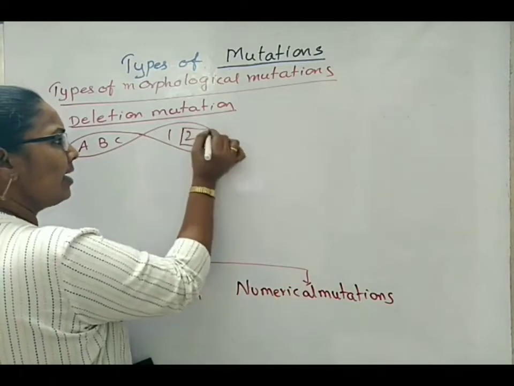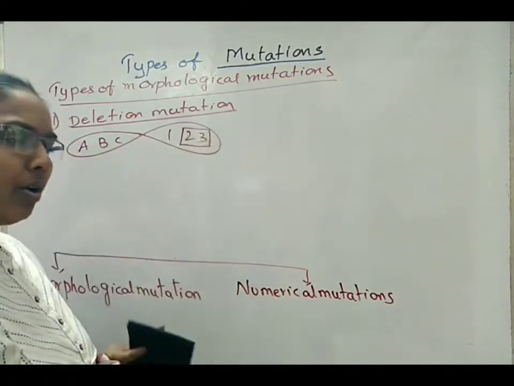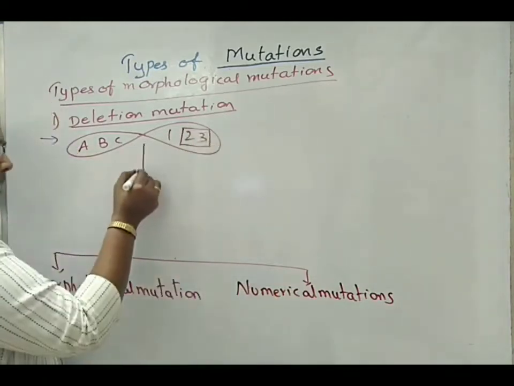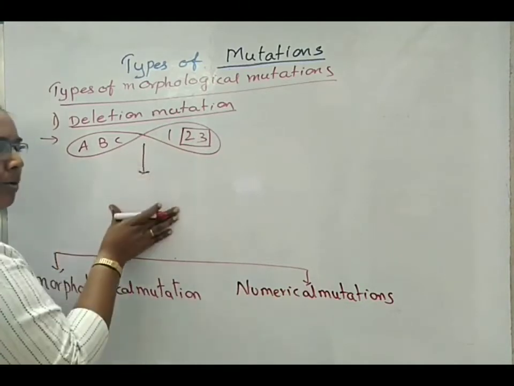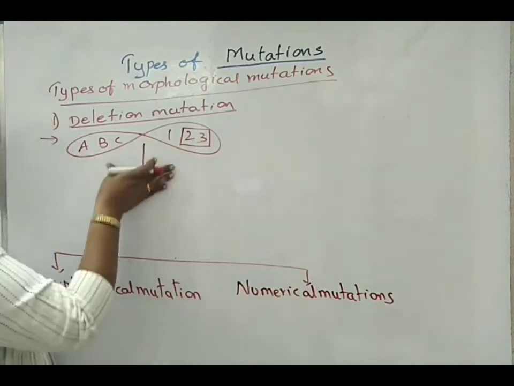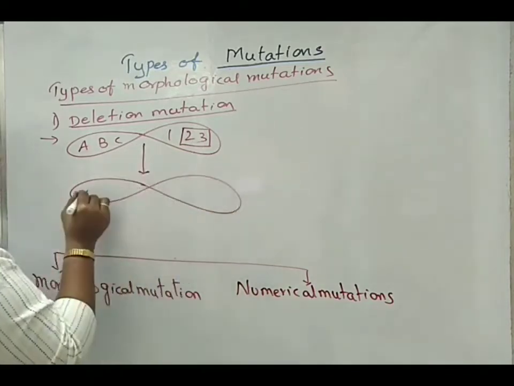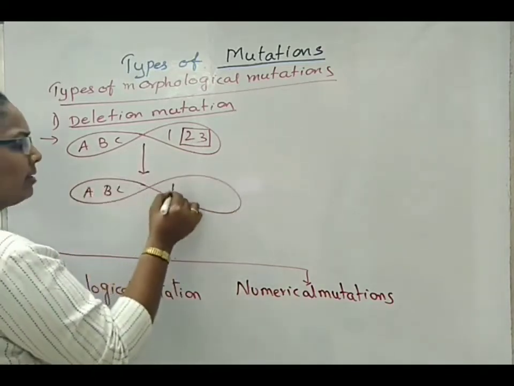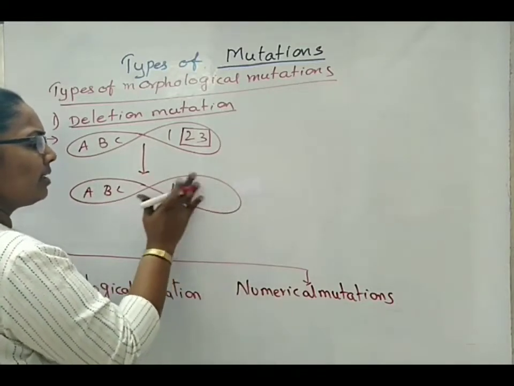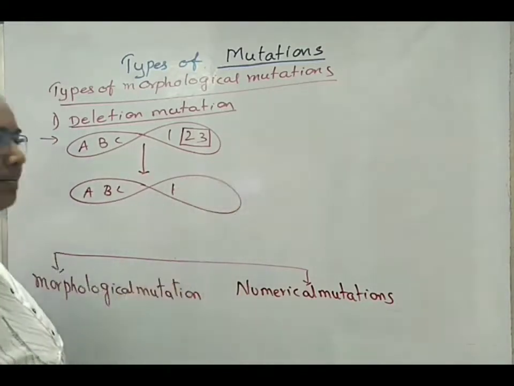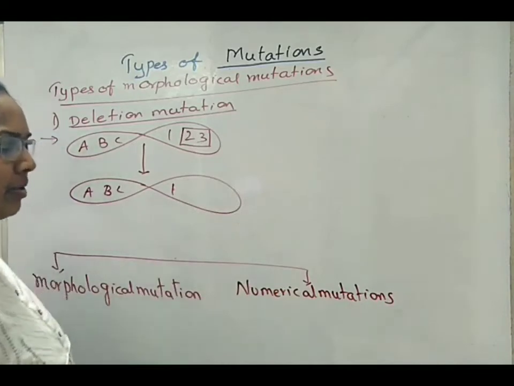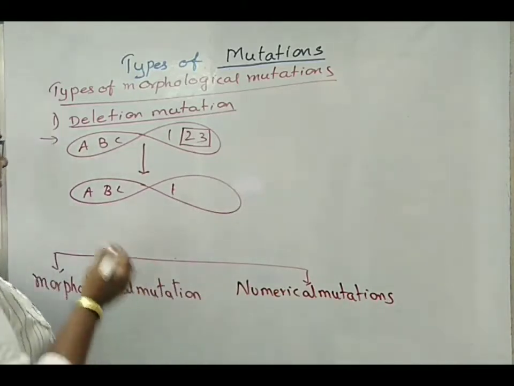Suddenly the second and third genes are deleted or disappeared in the same chromosome. We are not considering homologous or heterologous chromosomes. In a chromosome, if suddenly it has lost some genes, lost means they are disappeared or broken into particles, then such a condition is called deletion mutation.